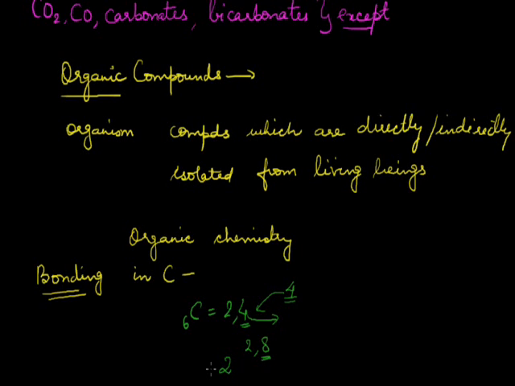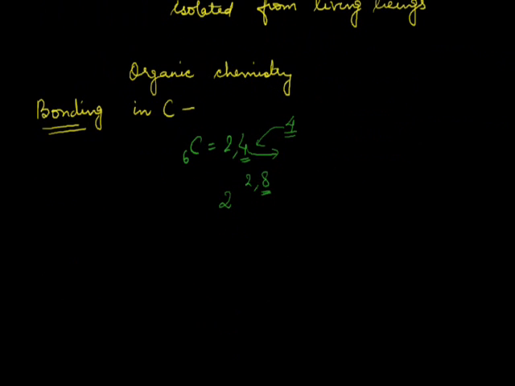duplet. But it neither gains nor loses 4 electrons, because if it did, some complications and difficult situations would arise. Let's consider the first case, where carbon gains 4 electrons.